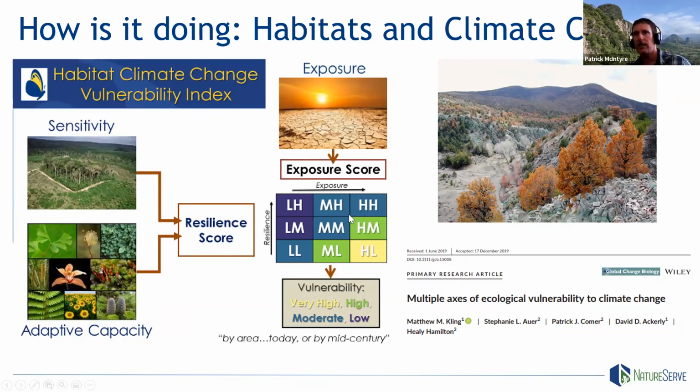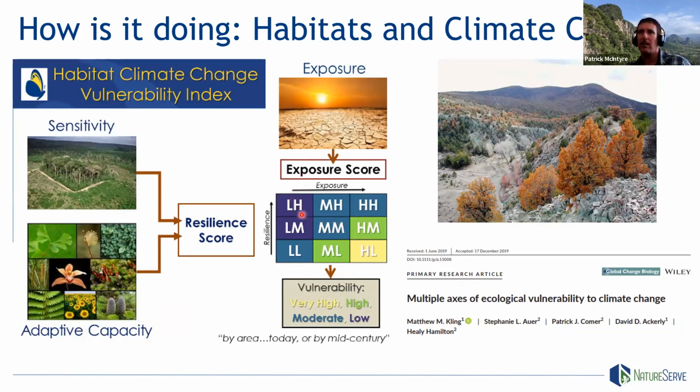So we combine these factors with exposure to climate. Then we try and come up with relatively simple ways to assess this risk. Is it, say, in this category down here, where it has high exposure to climate, but it has low resilience, or is it up here where it has high resilience and low exposure to climate space?